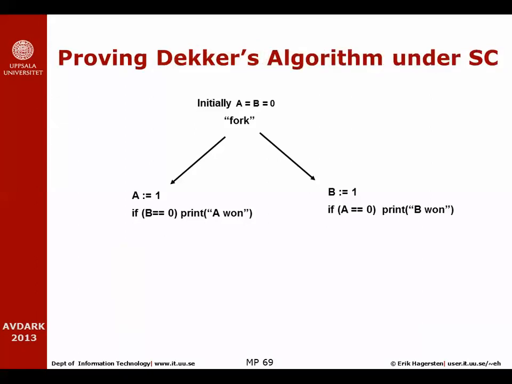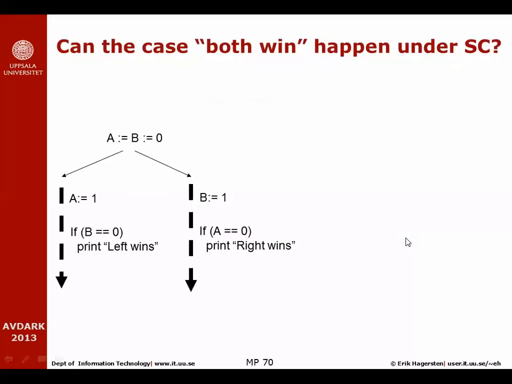So how can you prove that Dekker's algorithm is correct? I'm going to do a little hand-waving kind of proof here to show that indeed, if the system is sequentially consistent, it's not possible to have an execution where we see b equals 0 here and a equals 0 on that side, that both of them happen and both sides print that they win. So here we have it again, stylized.